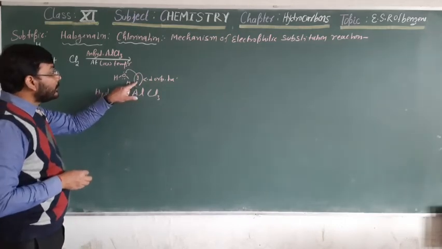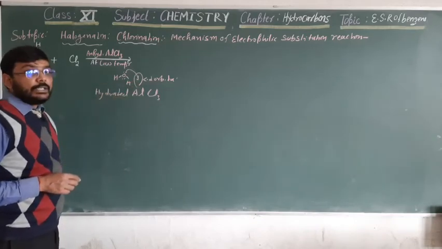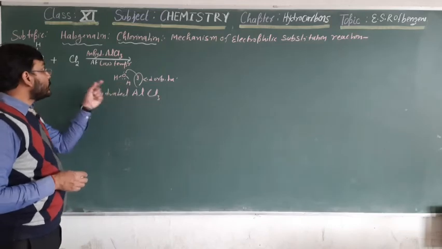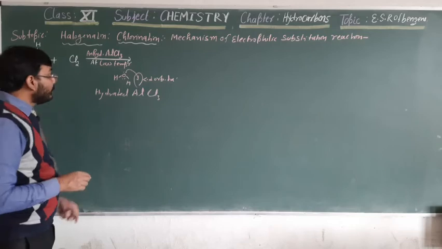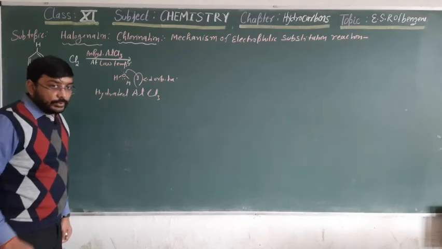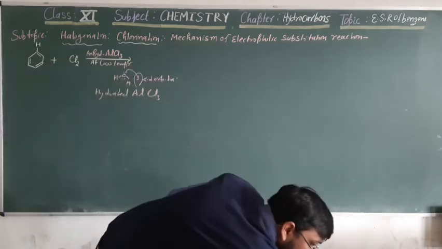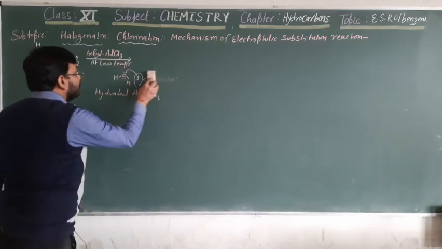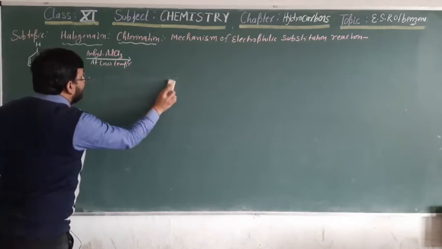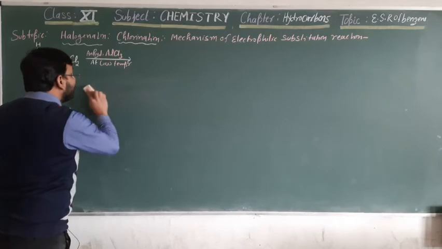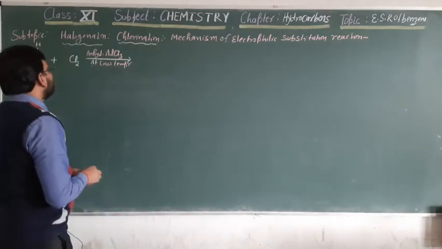So in case of hydrated AlCl3, there is no availability of vacant d orbital, so that inhibits the formation of electrophile, which I am going to explain further. So we should take anhydrous AlCl3, not hydrated.